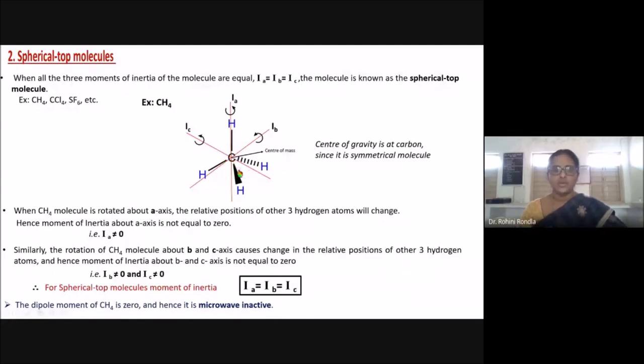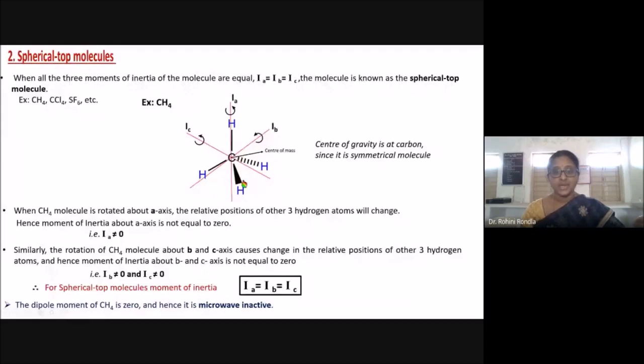Now, just imagine 3 rotations along the A axis, B axis and C axis. Now imagine 3 rotational axes, A and B and C. Observe carefully here. Just imagine a line is passing through hydrogen and carbon.